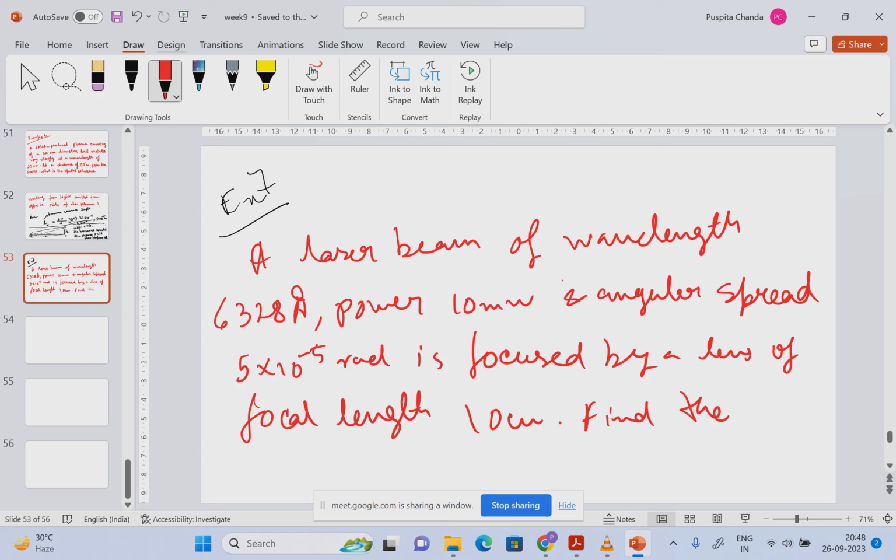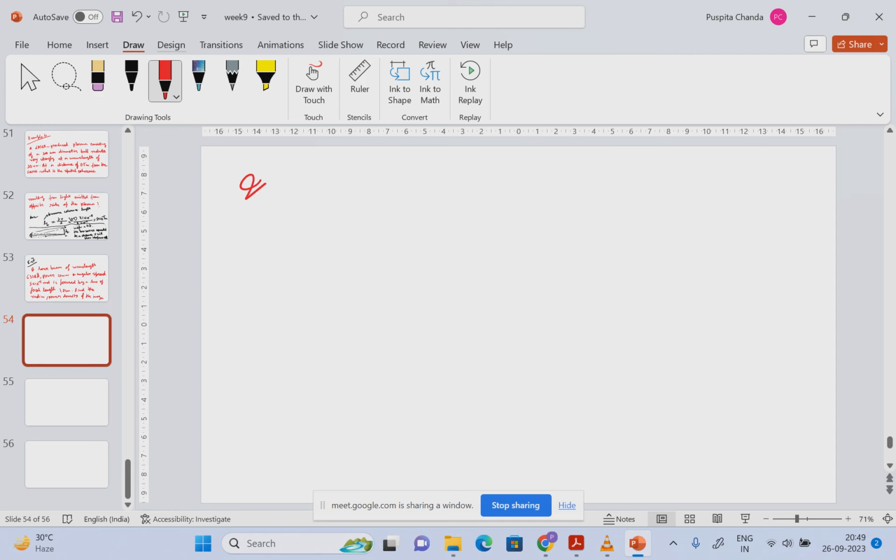Find the radius, power density of the image, and coherence width.